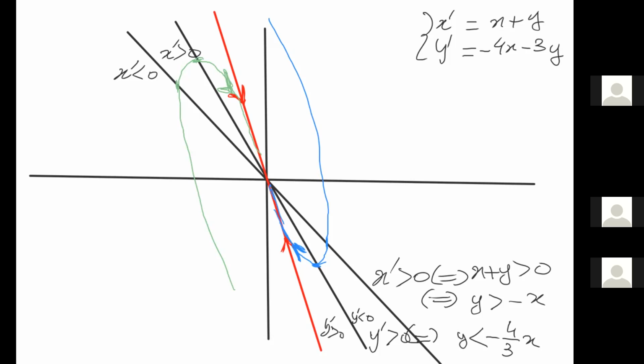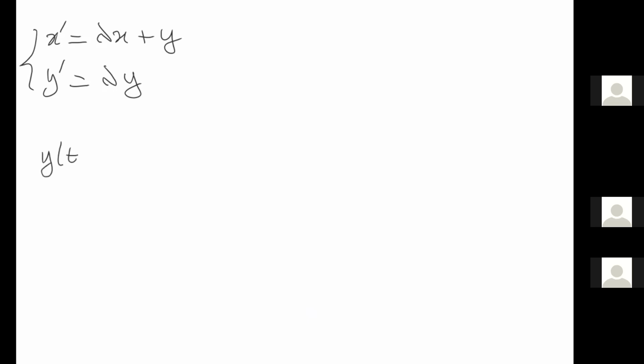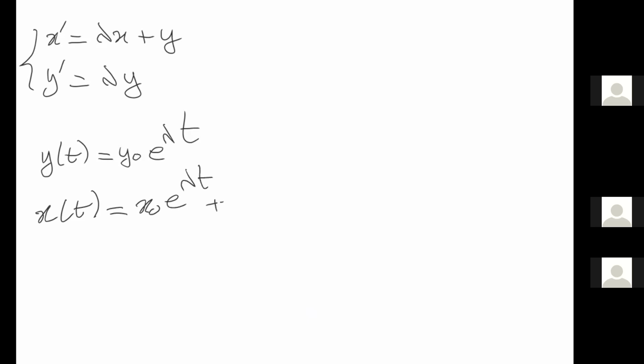If I look at x prime equals lambda x plus y and y prime equals lambda y, the solutions that we found were y of t equals y node exponential lambda t, and x of t equals x node exponential lambda t plus y node t exponential lambda t.